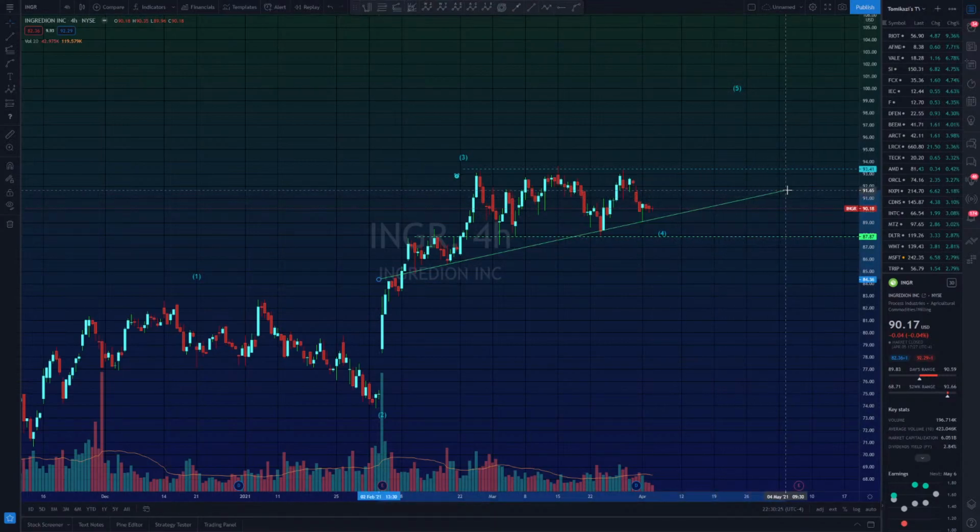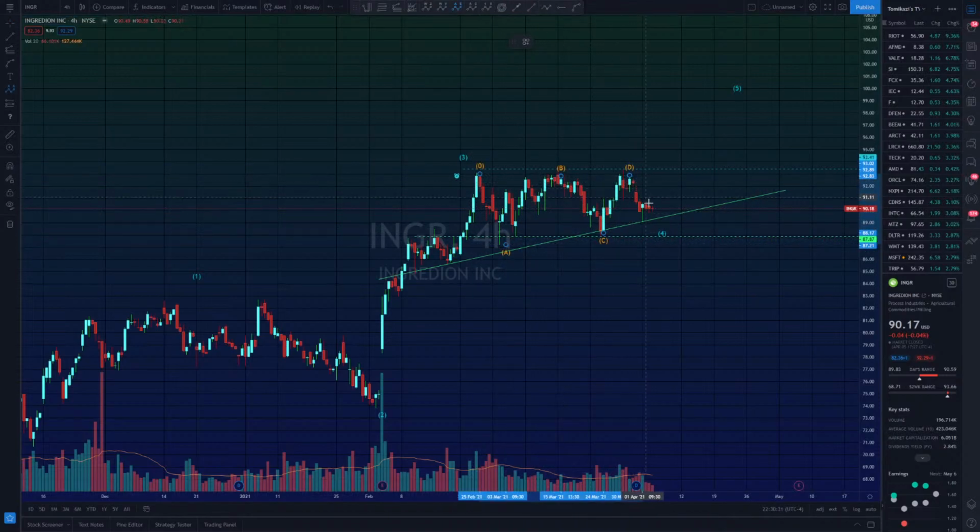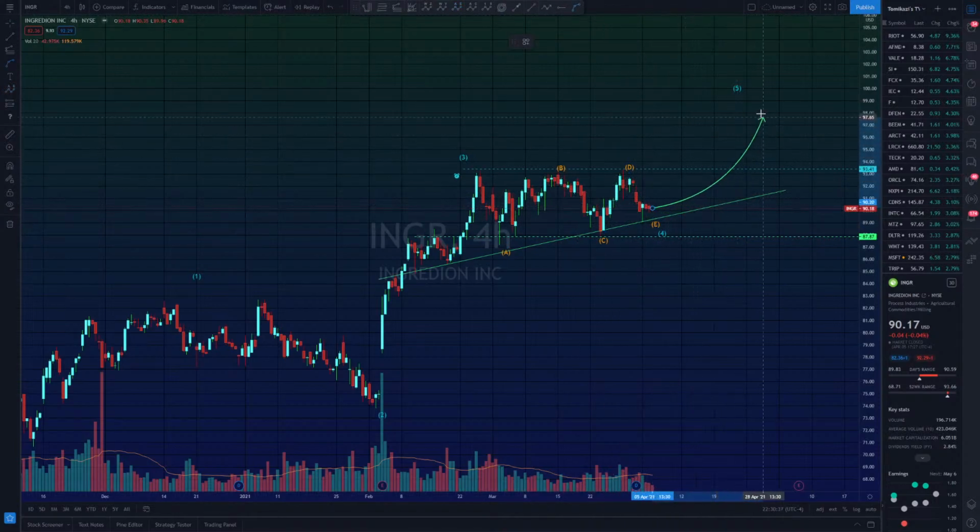You want to see it hold this green line right here, and what you're looking for is this 5-wave correction. It looks like it wicked it, so this is ideally what you would want to happen. That's what you're hoping to happen.